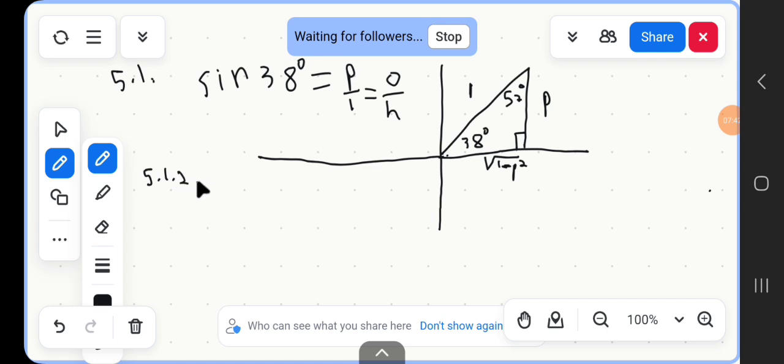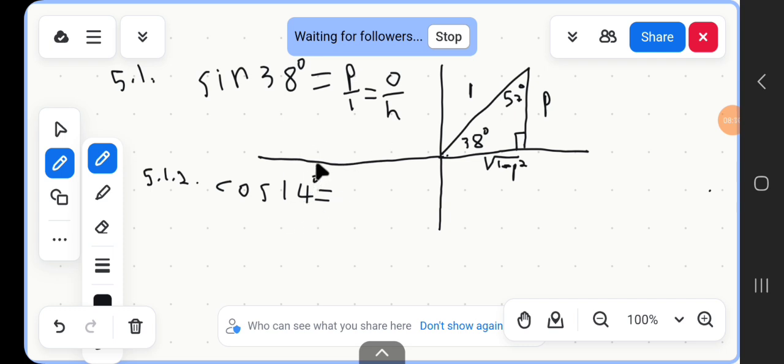Let's check. 5.1.2 says cos 14 degrees, so we are trying to find cos 14 degrees. Initially we've been given 38 degrees. We can use 38 or we can use 52. Whichever of those angles, we are supposed to use them at some point to get what we want.